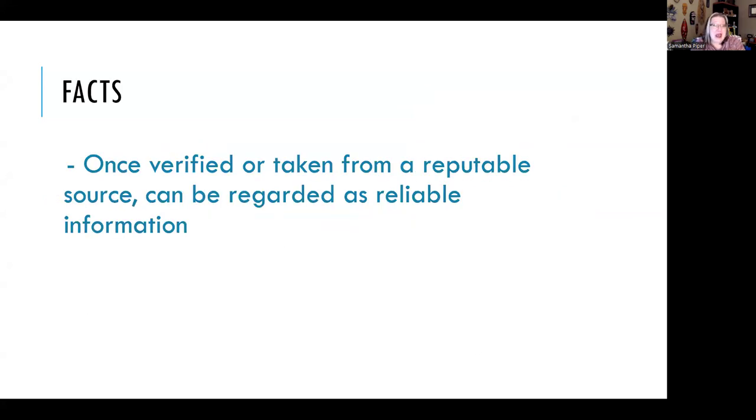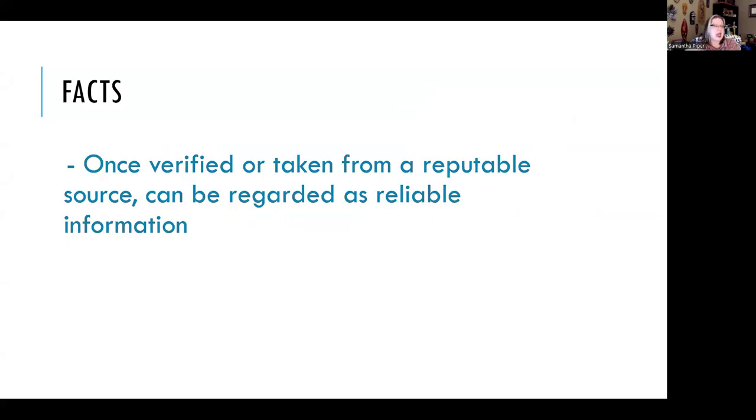So back to facts. Once a fact is verified, so you can see that information in multiple sources, say three or four more sources, then it's pretty reliable. If you can see that information across the board, then you can establish that as common knowledge.